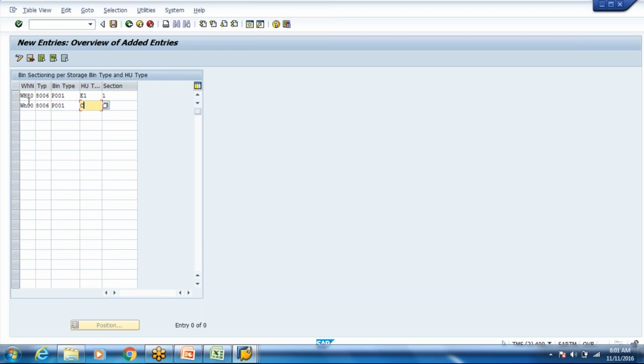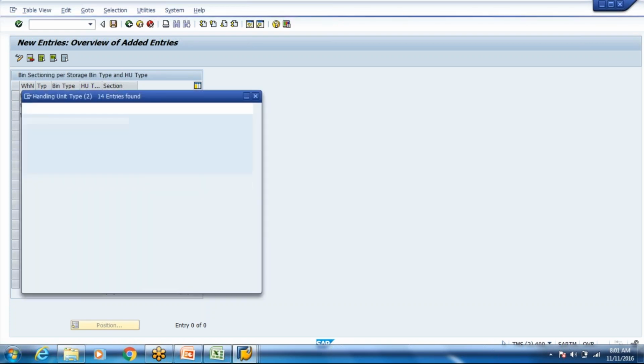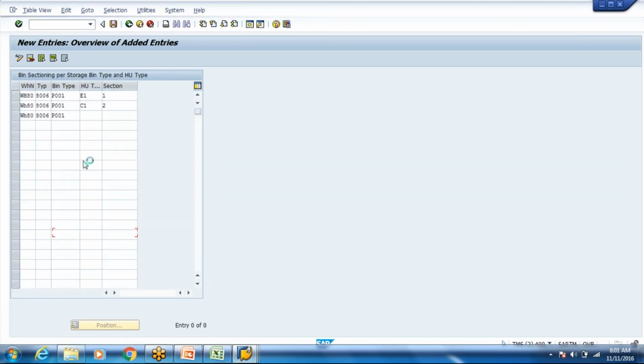If you are getting it in P001 in C1, your cartons, then the name is 2, but it's divided into 4. WH80, 8006, P001. And what is the HU type for wire basket? It is W1, I guess.